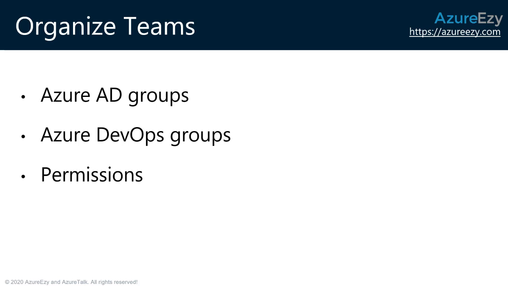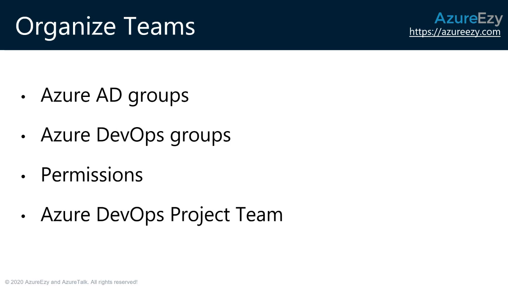And of course, when you talk about groups and these tools, you need to look at the permissions. One more thing in Azure DevOps is the Azure DevOps project team. When you create an Azure DevOps project in an Azure DevOps organization, you get a default team. Those teams can also define the boundary of the team members.